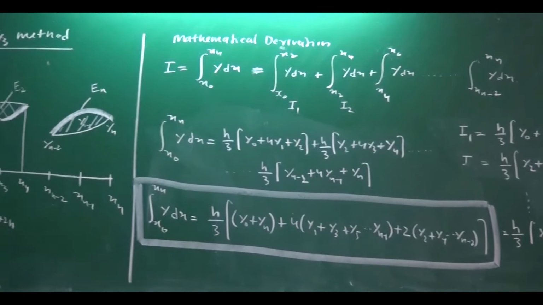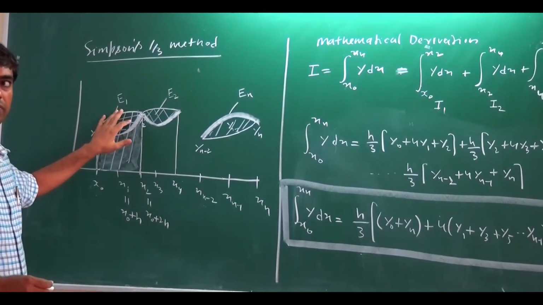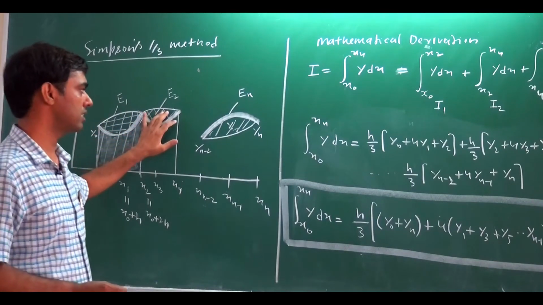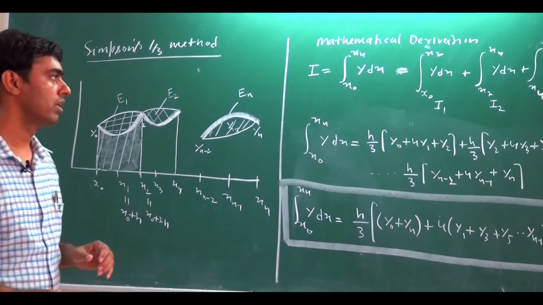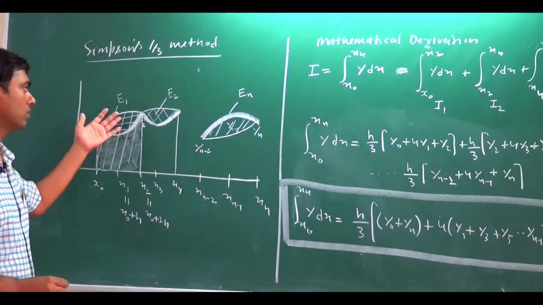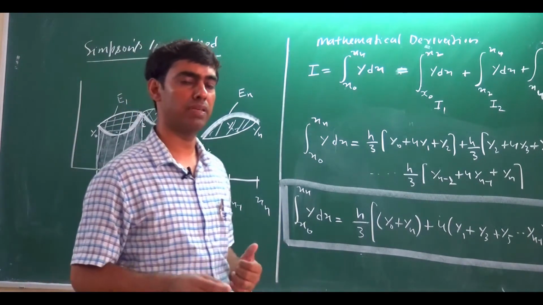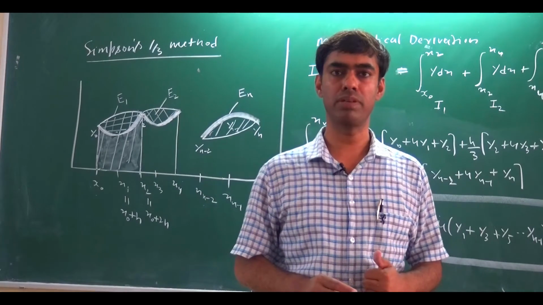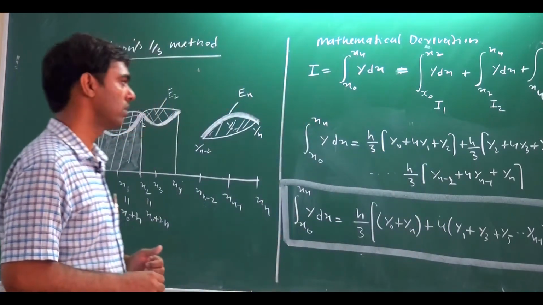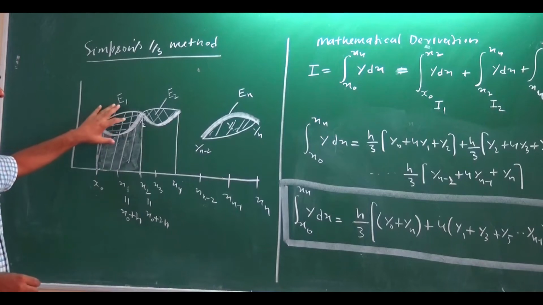Now we are going to find out the error. Error in the first step, error in the second step, error in the third step, similarly error in the nth step. What is the benefit of this? When we solve any numerical problem, we are able to find out the amount of error.